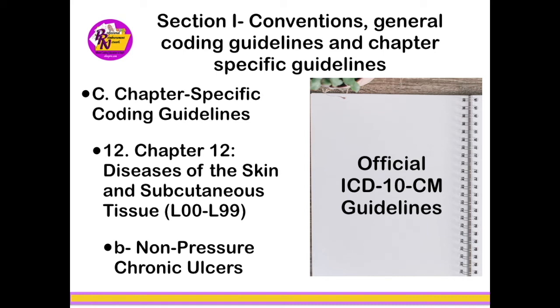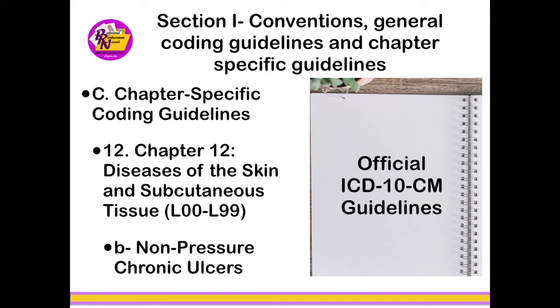If the documentation does not provide information about the severity of the healing non-pressure ulcer, assign the appropriate code for unspecified severity. If the documentation is unclear as to whether the patient has a current or new non-pressure ulcer, or if the patient is being treated for a healing non-pressure ulcer, query the provider.